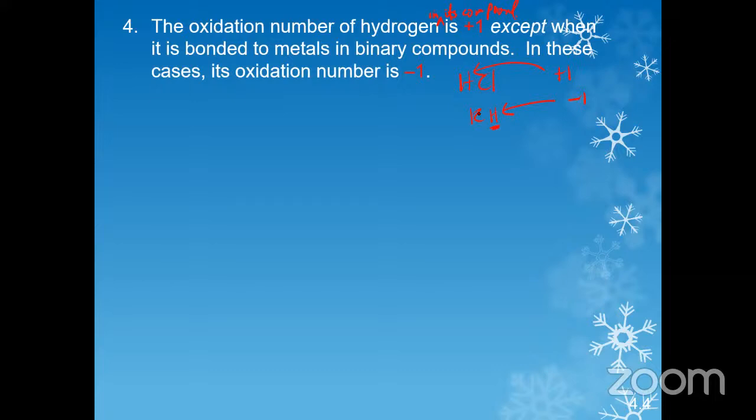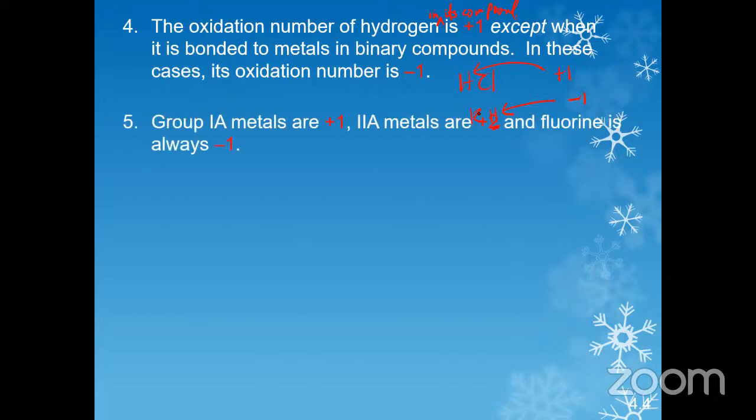Okay, the next rule, rule number 5, deals with the elements in group 1A and group 2A and fluorine, right? And it's very simple actually. In their compounds, let me write this here. In their compounds, group 1A metals have an oxidation number of +1.